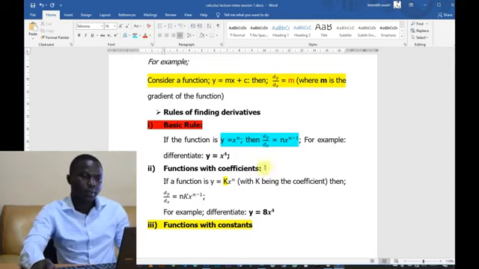So you have an example that says differentiate x power 4.